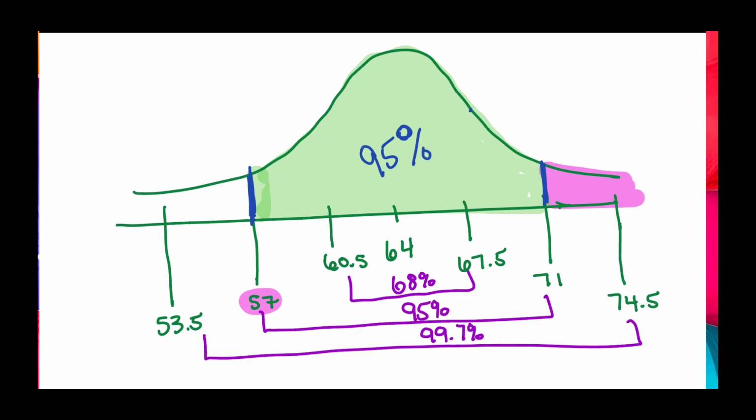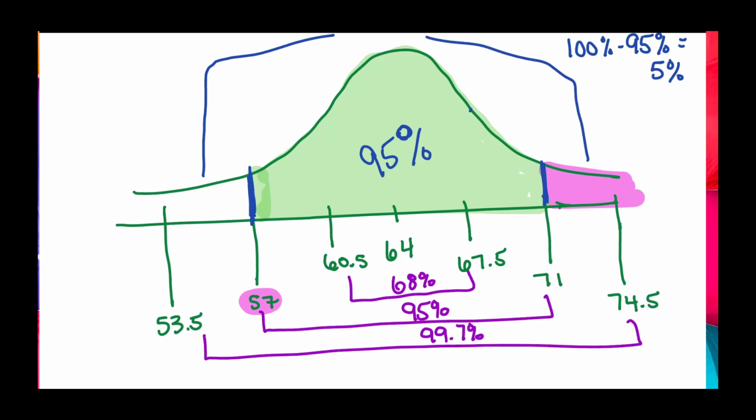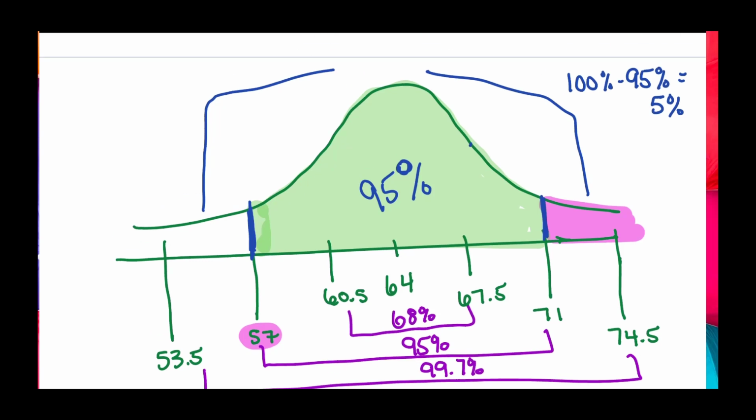So this is what we can do. We know the entire thing is 100%, right? And if I say 100% minus that 95% in the center, that leaves 5%. So the two outer sides, the outside of the 95%, have to be 5% of the data, because the whole thing is 100.